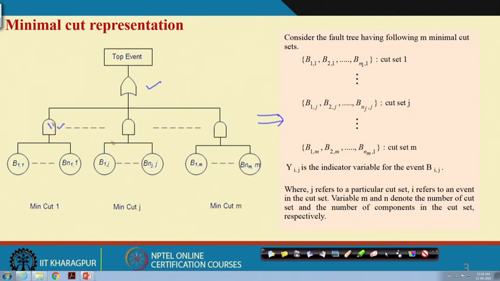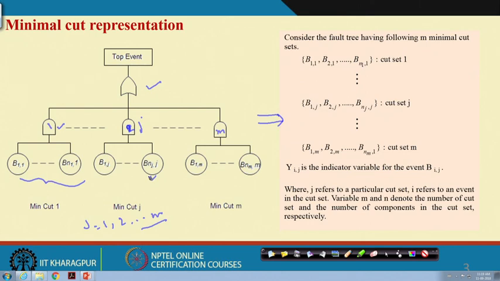This is cut set 1, cut set 2, and this is cut set M. We will use j equal to 1 to M to represent the cut sets, and under each cut set there will be a number of events. For the first cut set there are n1 events, for the second cut set n2 basic events, and for the jth cut set nj basic events.